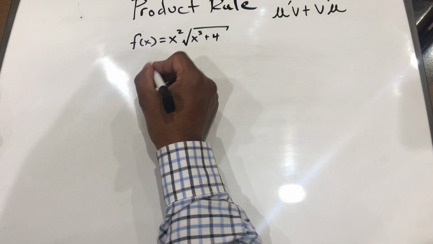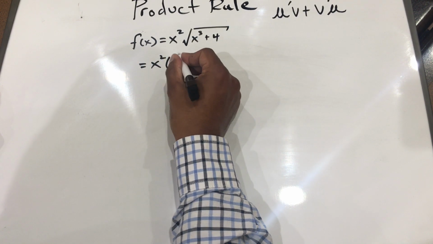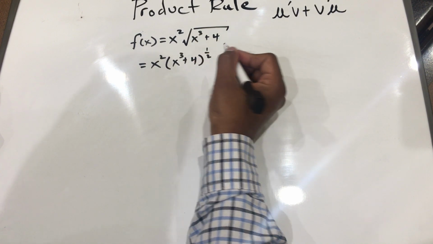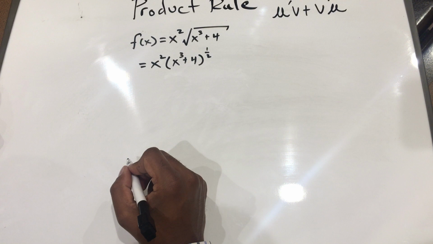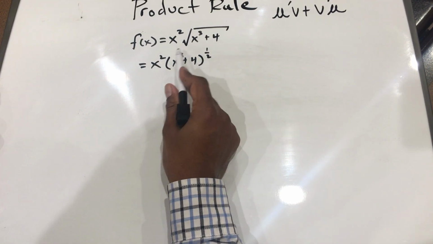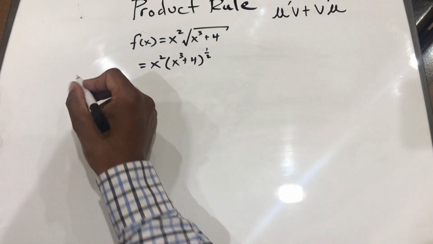I'm going to rewrite this in another form. X squared radical x cubed plus 4 to the 1/2. So here's our u, which is x squared, and this is our v part, x cubed plus 4 to the 1/2. So let's begin.